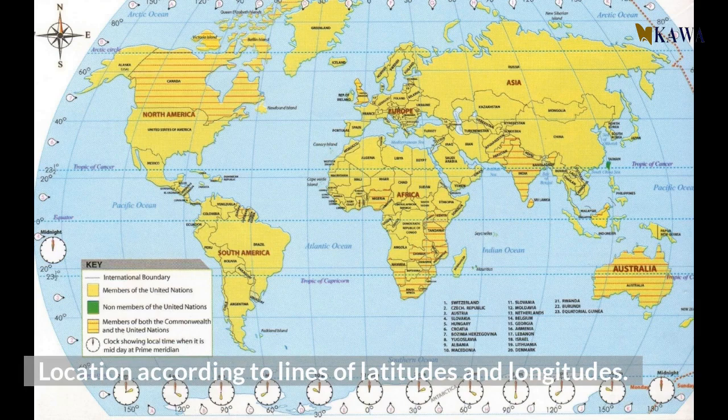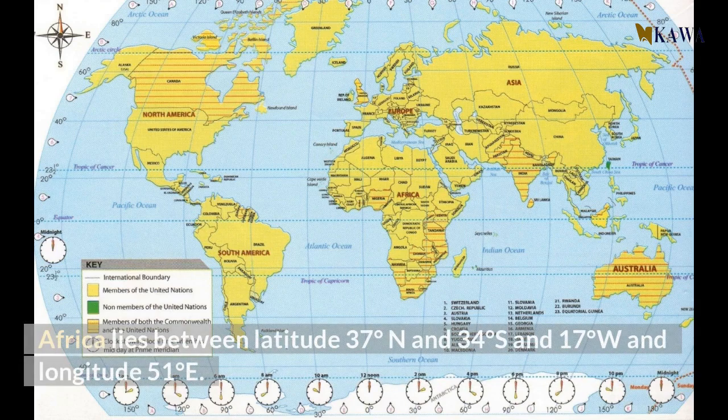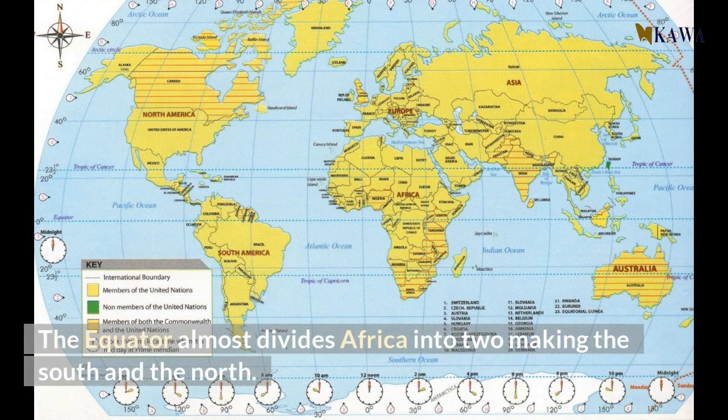Location according to lines of latitudes and longitudes. Africa lies between latitude 37 degrees north and 34 degrees south, and 17 degrees west and longitude 51 degrees east. The equator almost divides Africa into 2, making the south and the north.